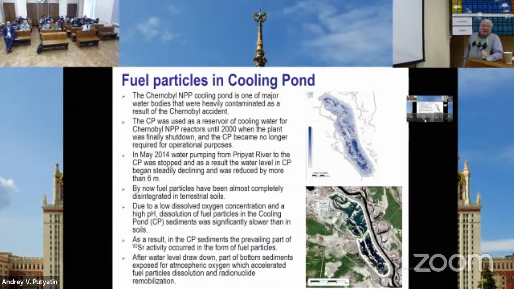However, the situation is different for bottom sediments, especially for deep reservoirs. So the important water body at the Chernobyl nuclear power plant is the cooling pond, which was used as a source of cooling water for the plant. And this water body has a depth of up to 15 meters.